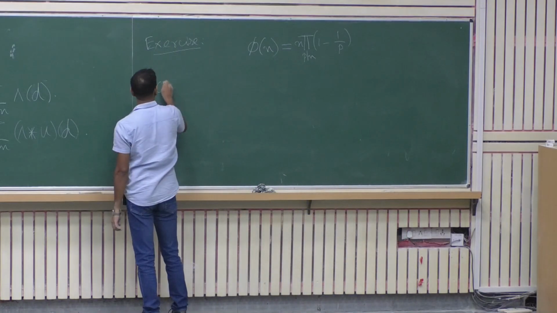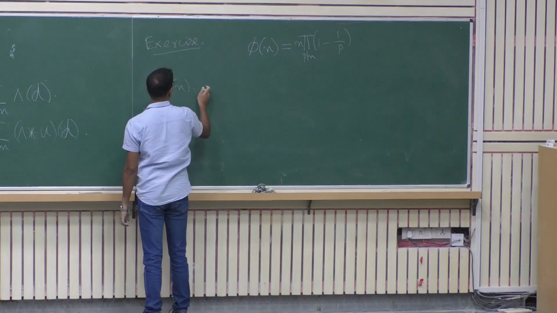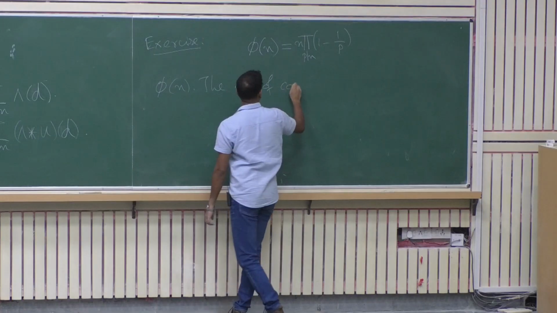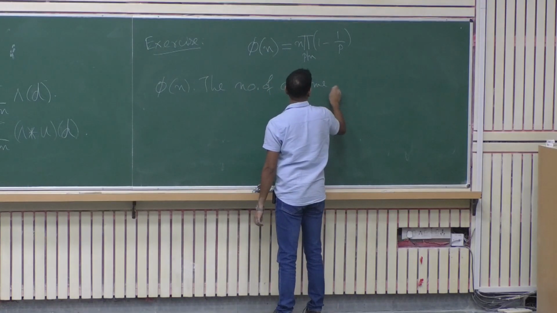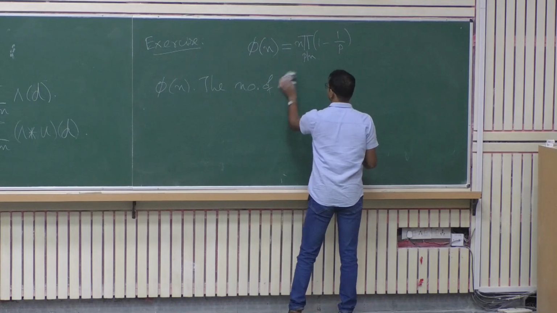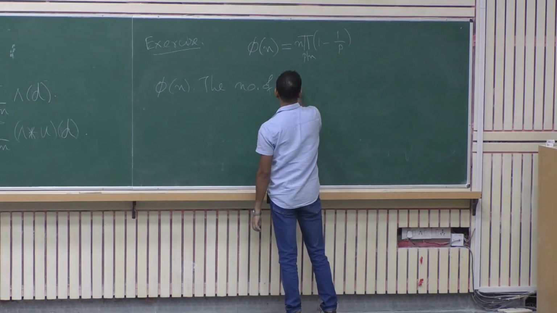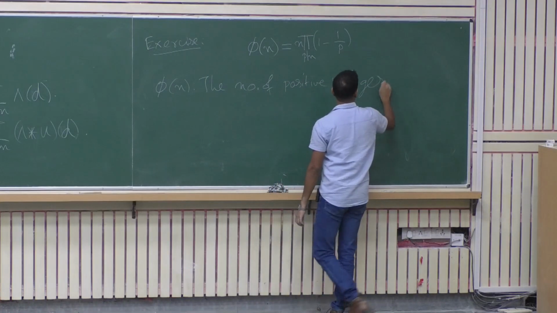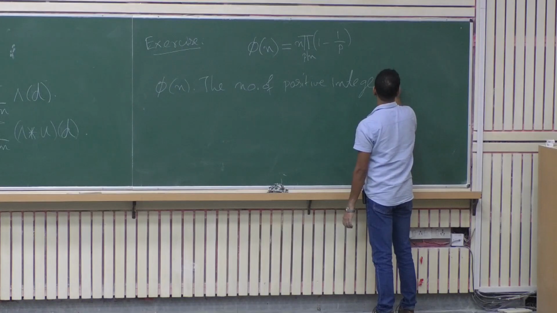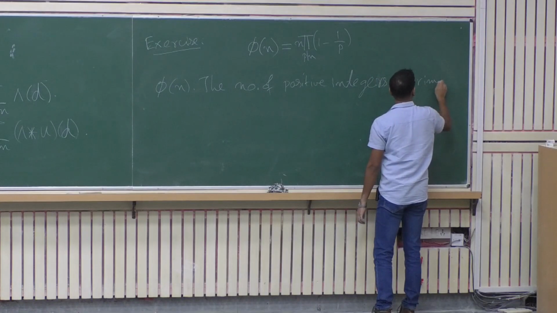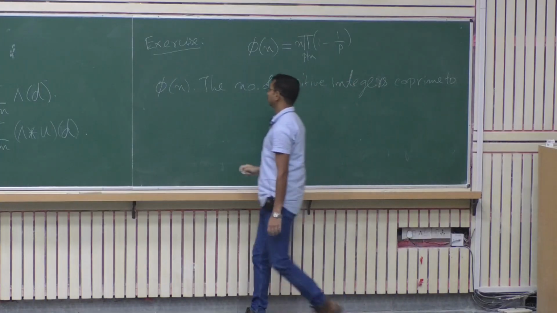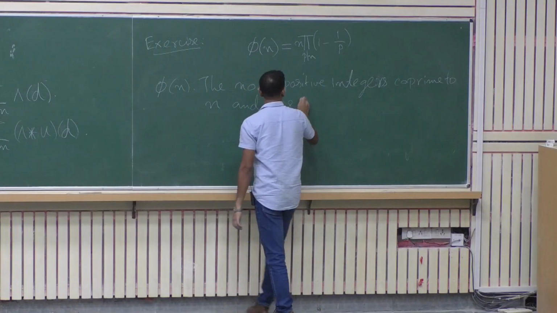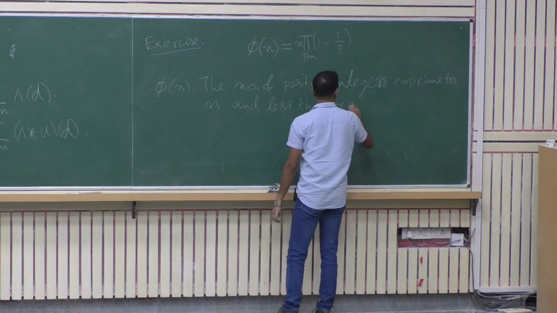Now start with the description that phi of n is the number of integers coprime to n and less than n.